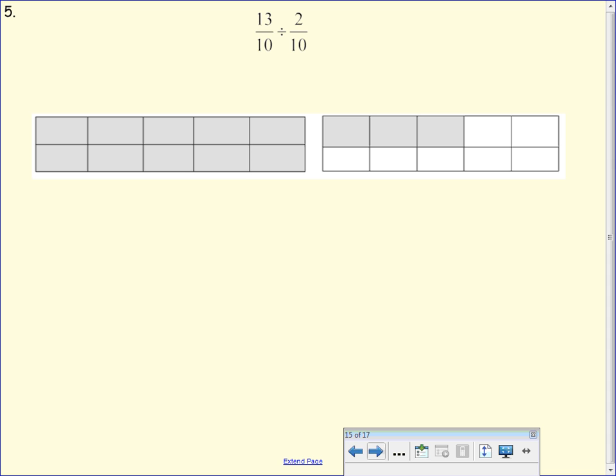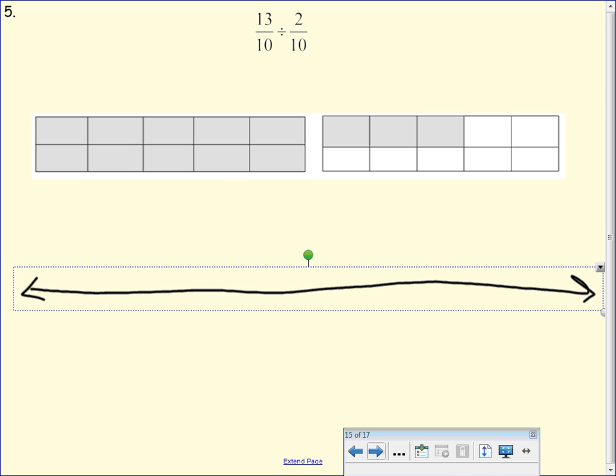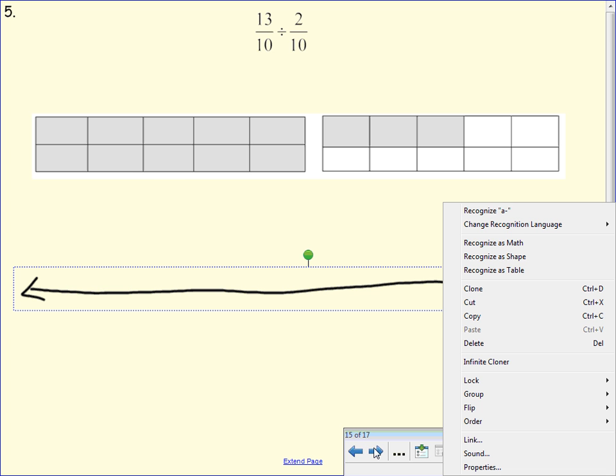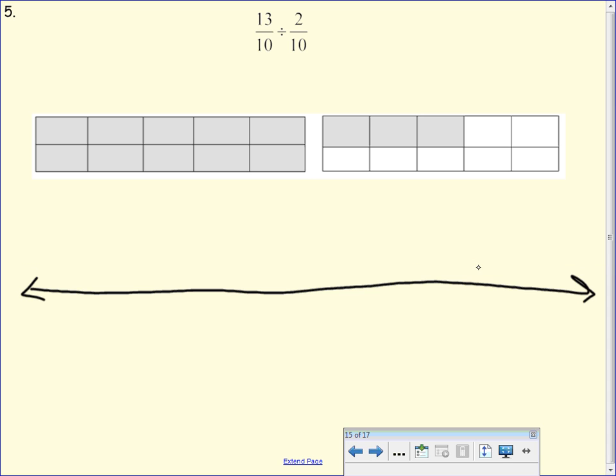If you prefer to do a number line, you should use a ruler. Let's see if I can get this to make a straight line. No, okay, doesn't matter. So 1/10.